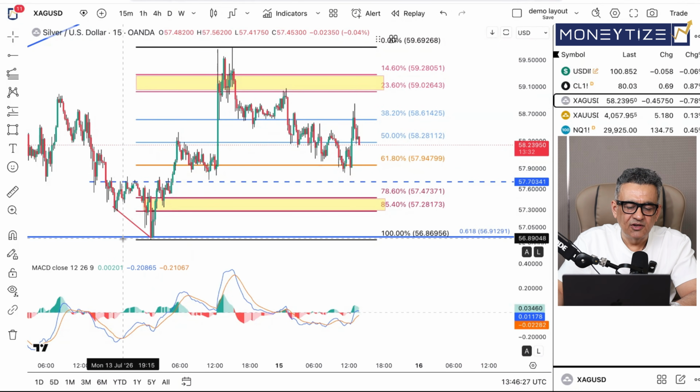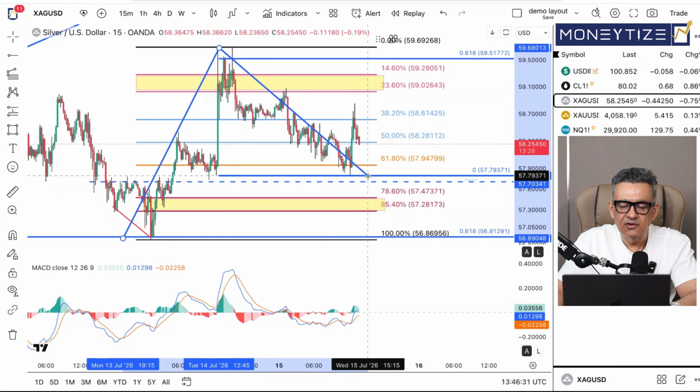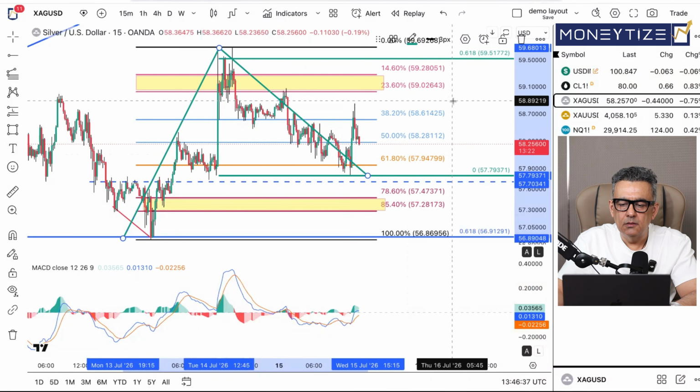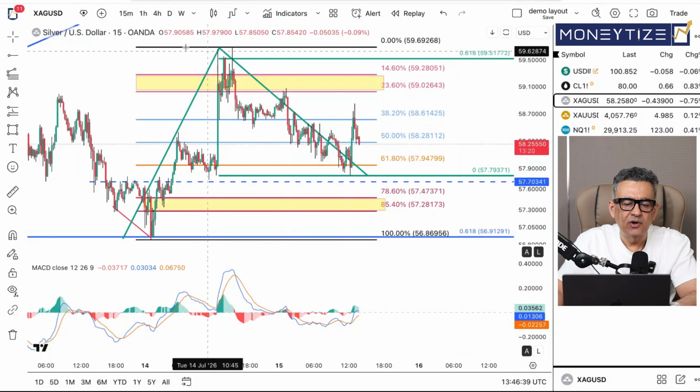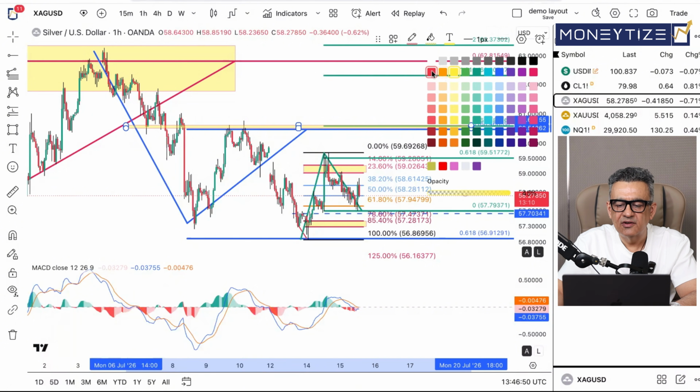In case we have the short-term continuation in the upward direction, I'm going to apply the first extension, assuming that this low at 57.79 is the ultimate low. Then the first target would be 59.51, followed by 60.46 to 60.58. It reinforces this area as major resistance.